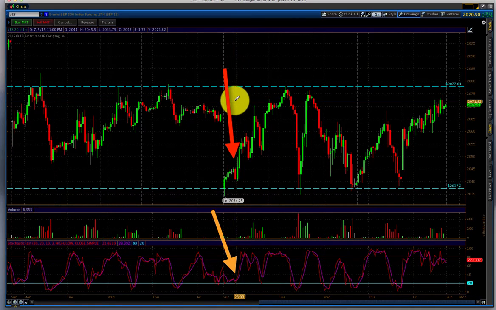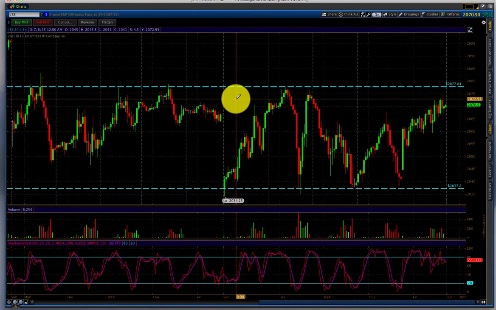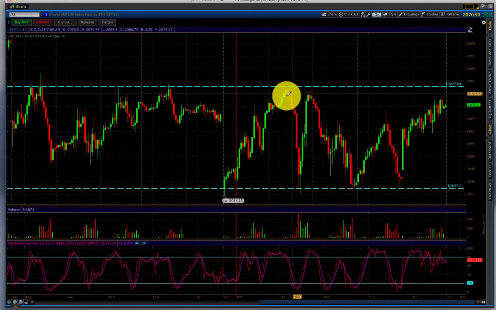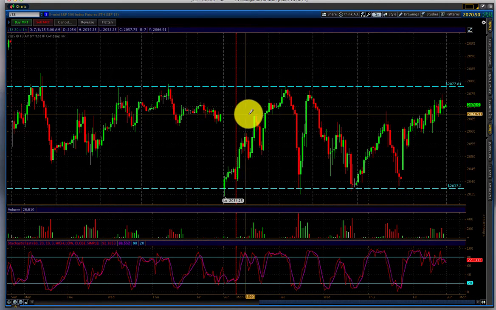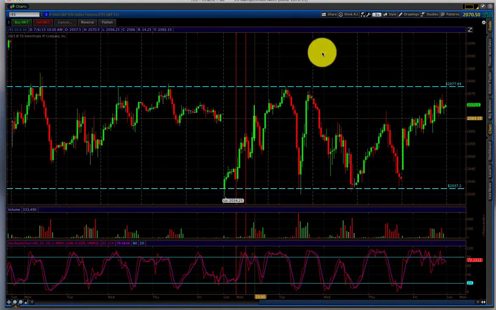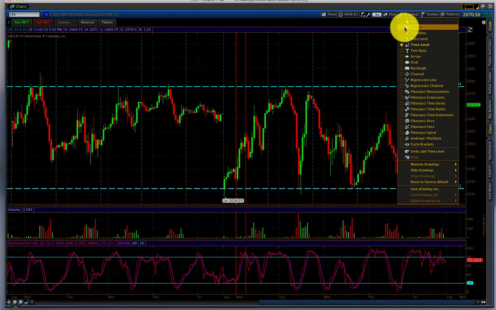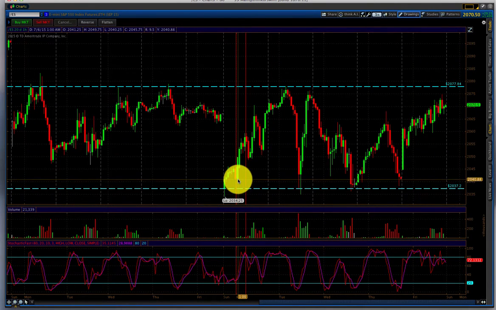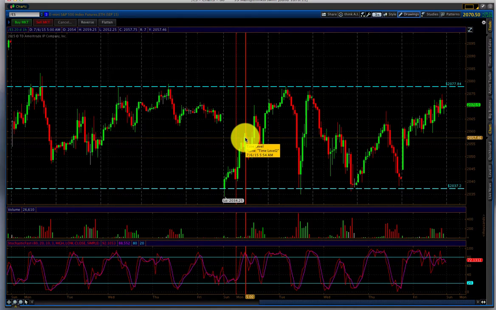So you could maybe take from there and then just this cross. That cross would be safe enough to maybe 2040, 2057.